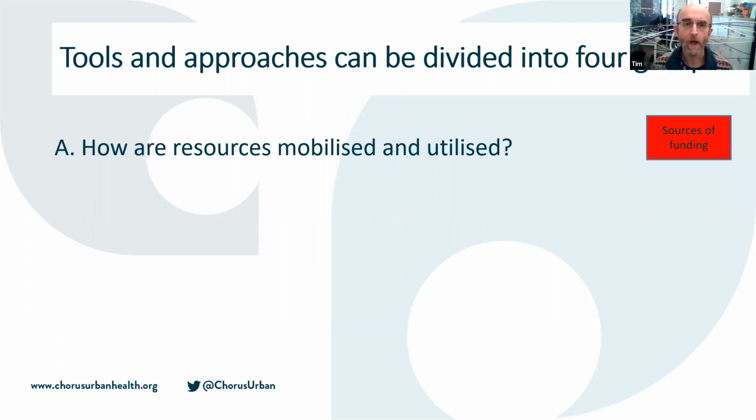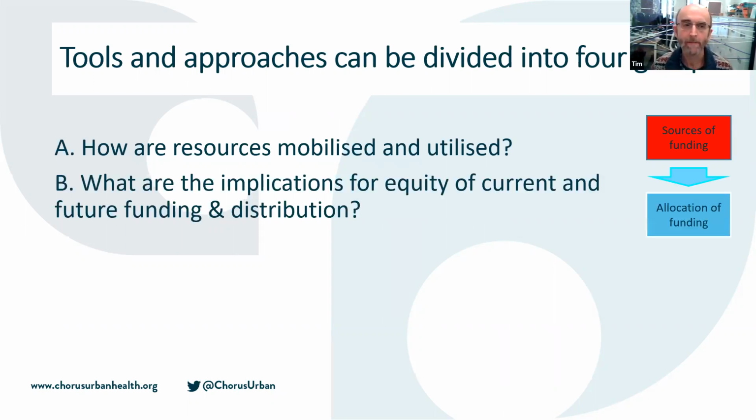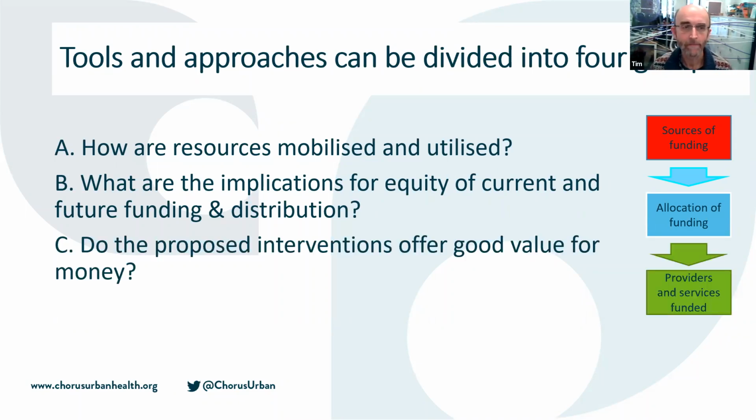So firstly, we've thought about the tools that might be useful at the level of understanding how resources are mobilized and utilized. Second, the tools that are available for understanding how the resources are allocated, particularly in relation to equity. Thirdly, whether the interventions that we're designing to address the problem offer good value for money.